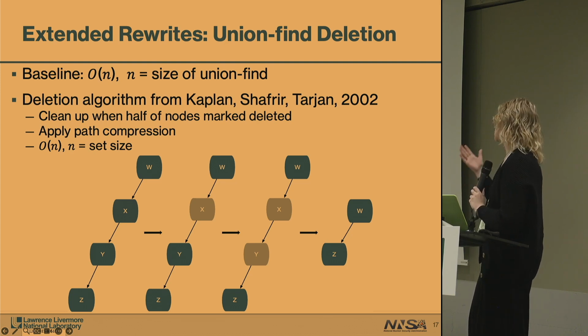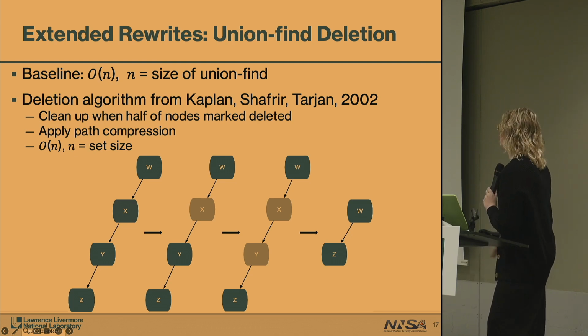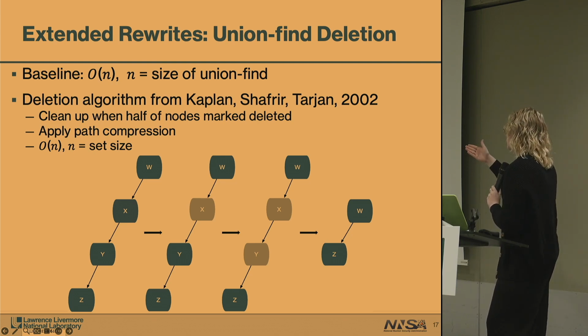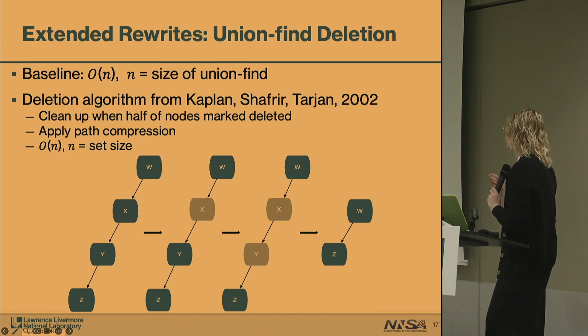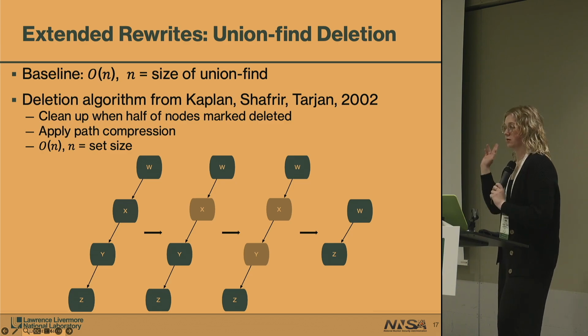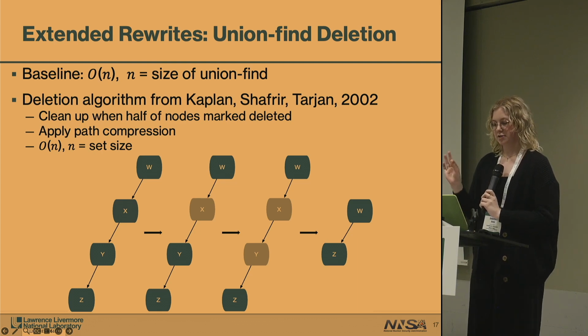And of course, applying path compression. So here, in this very simple example, we don't clean up when we remove x. Only after we mark x and y for removal do we perform cleanup. And then path compression would mean that if z had any children, they would be directly connected to w rather than continuing to be chained. And this decreased the runtime to big O of n, where n is just equal to the set size.